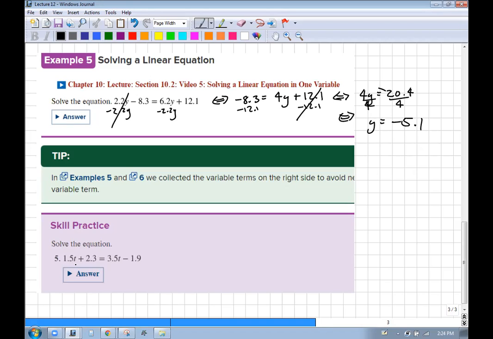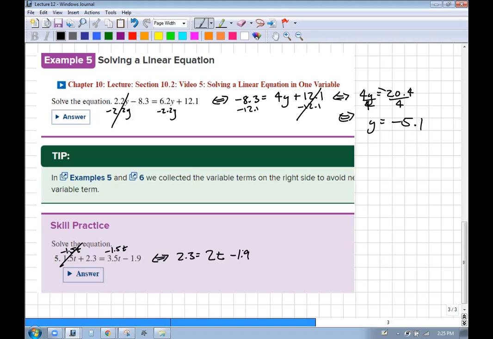All right, this one we're solving for t. So let's get all our t's together. I'll get rid of 1.5t from both sides. That goes away. We're left with 3.5 minus 1.5 is 2 t's.